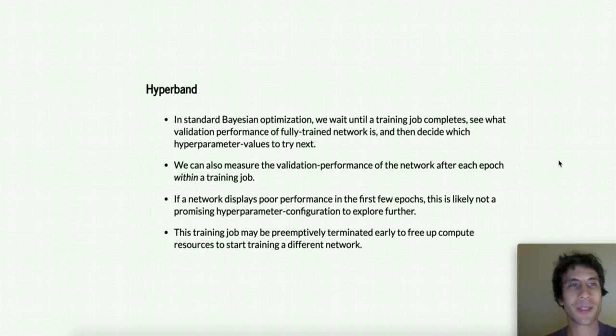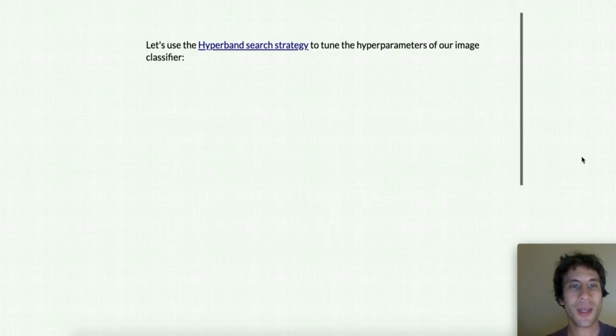If a network displays poor performance in the first few epochs, this is probably not a promising hyperparameter configuration to explore further, or a network that's worth spending a lot more compute training. Instead, this training job may be preemptively terminated early to free up compute resources to start training a different network with different hyperparameters. This kind of strategy is known as hyperband in the literature, and here's how you can use it in AutoGluon.